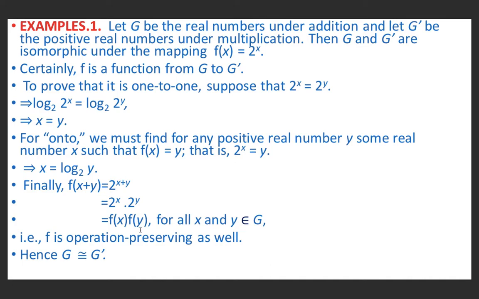So f(x + y) = f(x) f(y) for all x and y belonging to G. It means f is operation preserving. Hence G is isomorphic to G' because the function is well defined, the function is one-to-one and onto, and f preserves the operation.